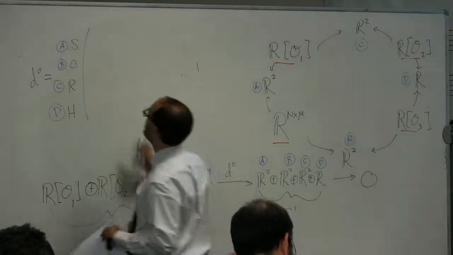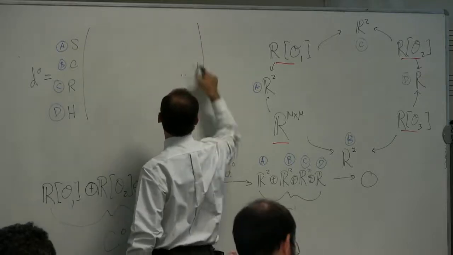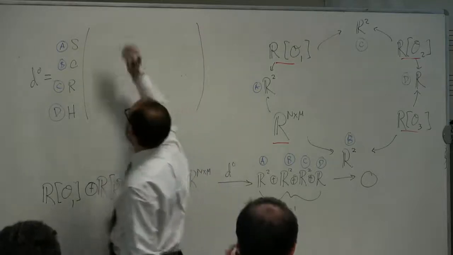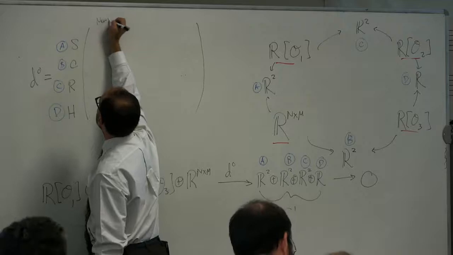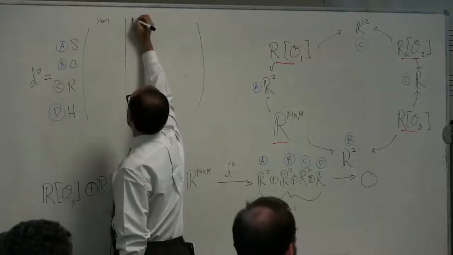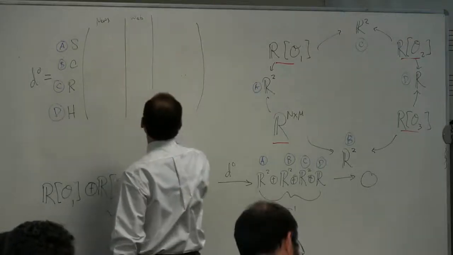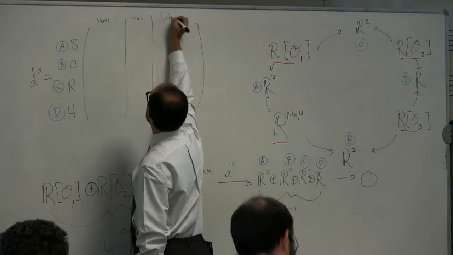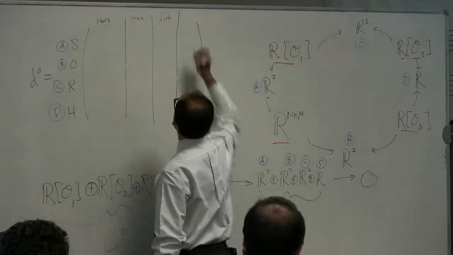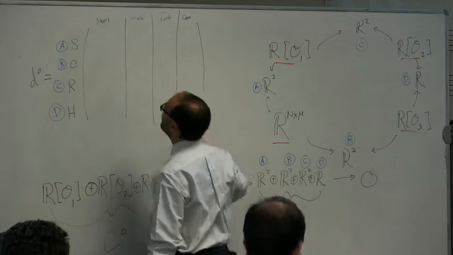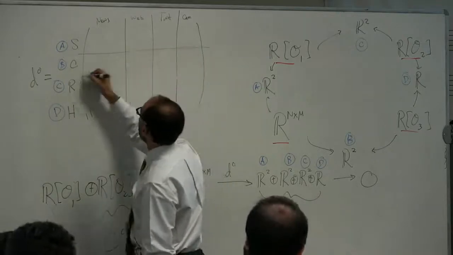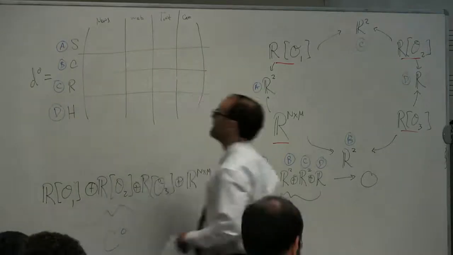And now, let me list across the top here. This is the news. This is the web. This is the Twitter. And then this is the camera. Okay, and so I end up with this block matrix.